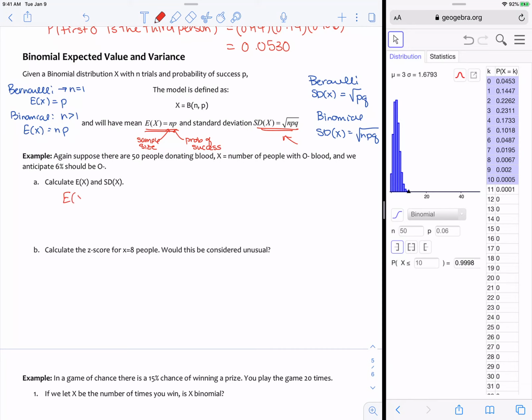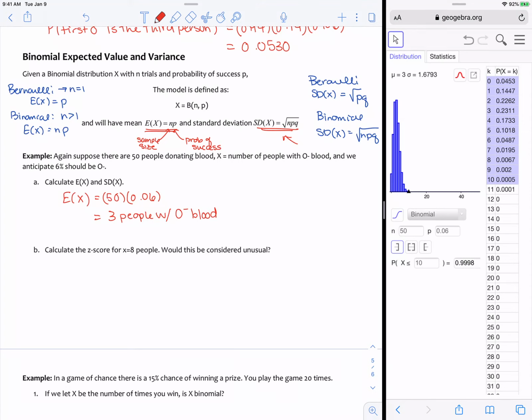So E of X, the expected value, how many people out of those 50 we expect to have O negative blood, is going to be the sample size, or number of people, 50, times the probability of success, or P, which was 0.06. So 50 times 0.06, that's equal to 3 people with O negative blood is what we expect.